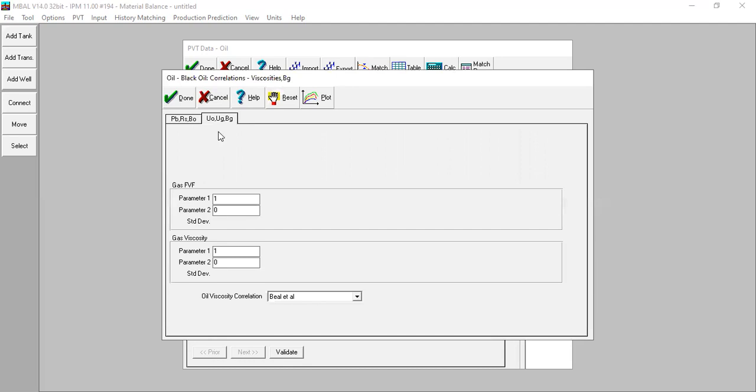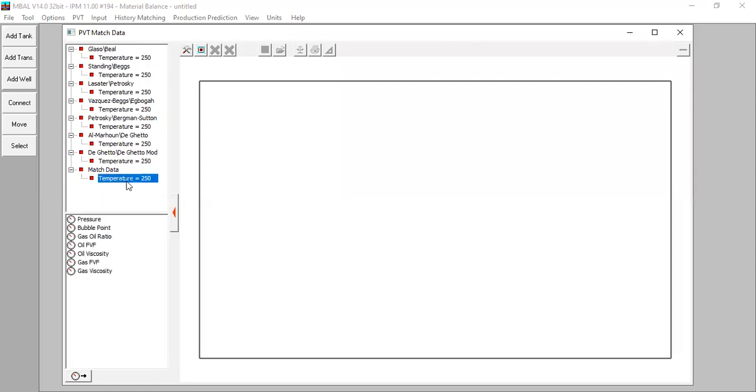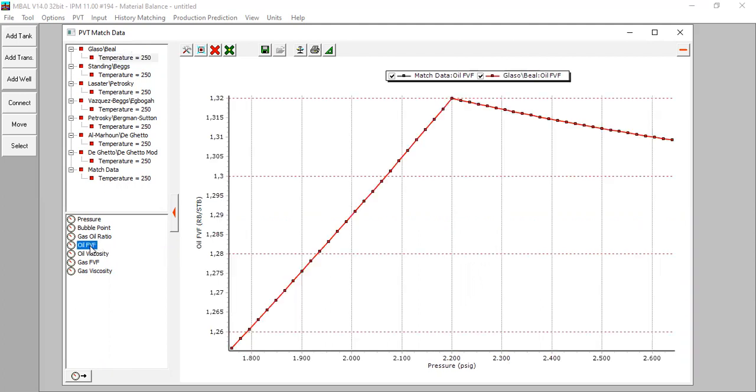And now we can plot. Click plot, match data, temperature. I want to show the oil formation volume factor, only 1 point. We only have 1 point. Now let's check the Glasso. Click Glasso and then oil formation volume factor.